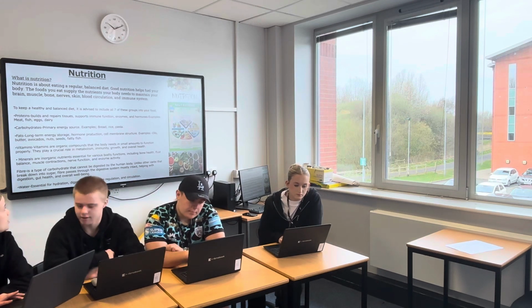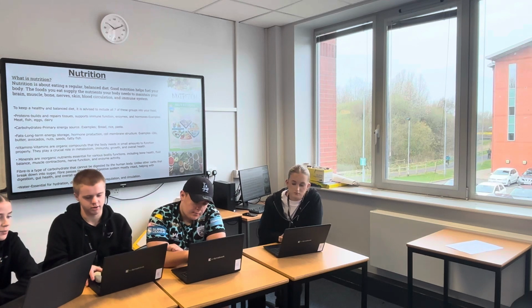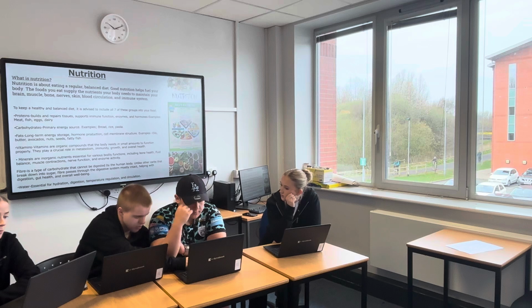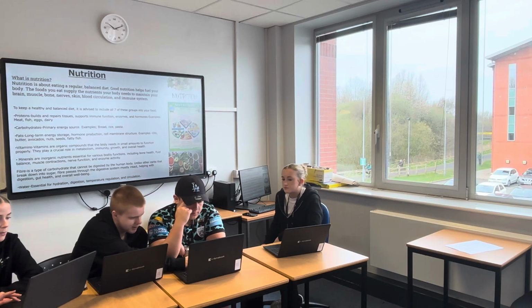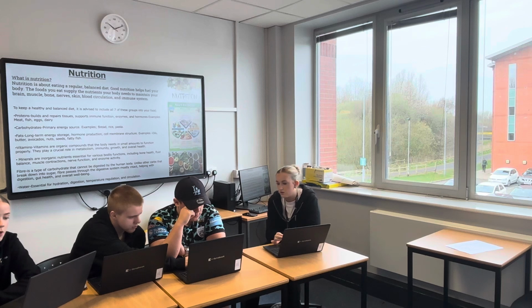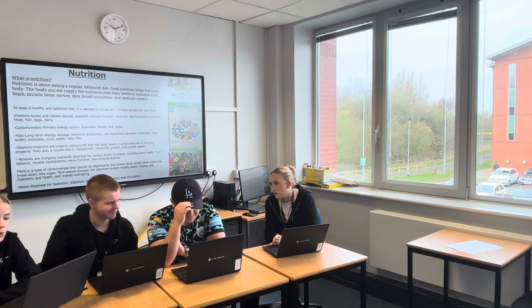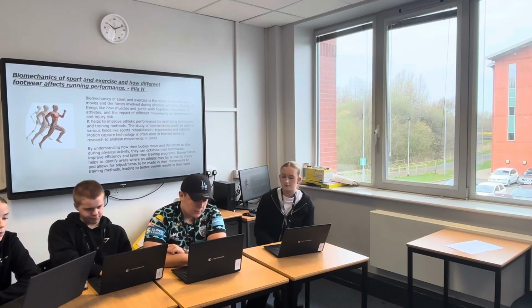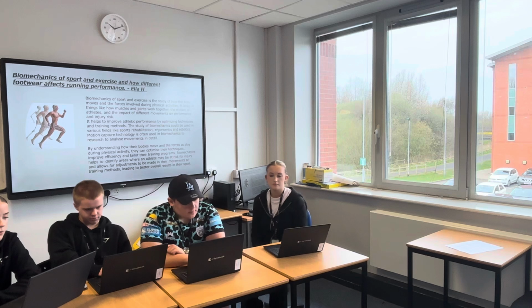So now we're moving on to biomechanics of sport and exercise science and how different footwear affects running performance. Biomechanics of sport and exercise is the study of how the body moves and the forces involved during physical activities. It looks at things like how the muscles and joints work together, the motion of athletes and the impacts of different movements on performance and injury risk.